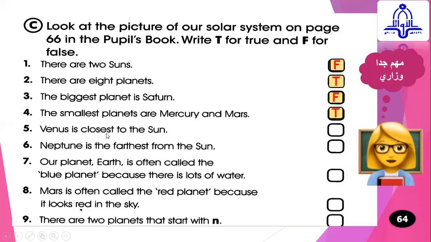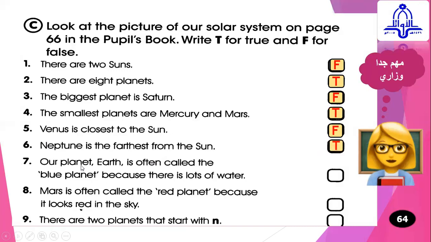Mercury is the closest planet to the Sun, so this statement is incorrect. We should write F. Number 6, Neptune is the farthest from the Sun. كوكب نبتون هو الأبعد عن الشمس. This statement is correct. Should write T, letter T.